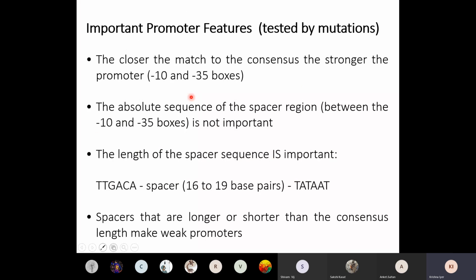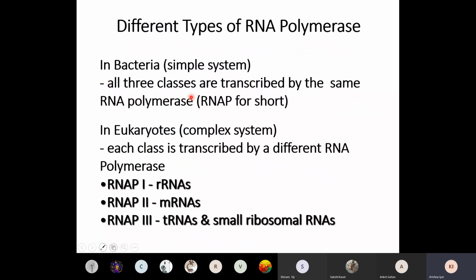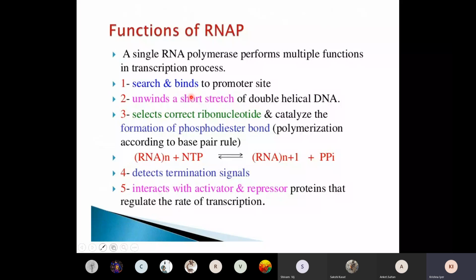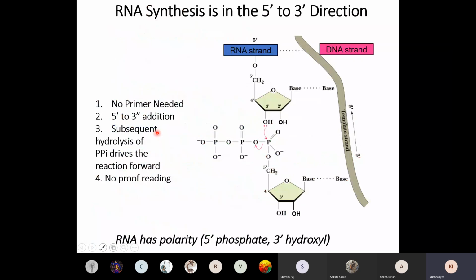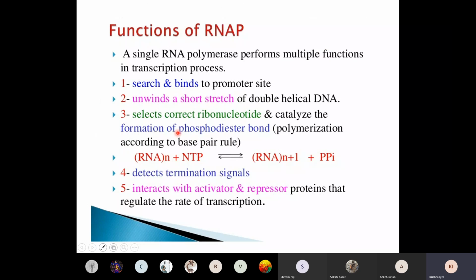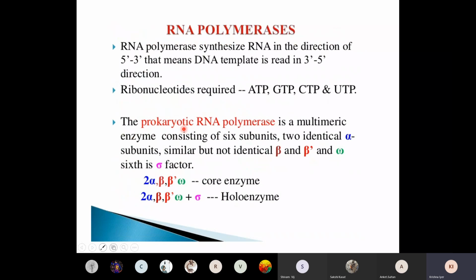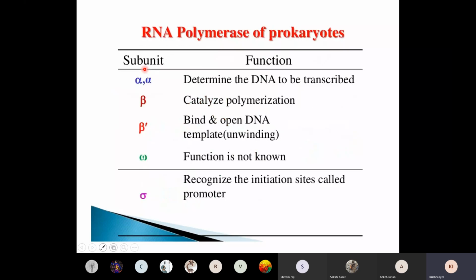A couple of slides ago, I told you that RNA polymerase always synthesizes in the 5' to 3' direction, but more importantly, it actually reads the template strand in the opposite direction. Correct? The DNA template is read in the 3' to 5' direction, and I am going to make my RNA in the 5' to 3' direction.